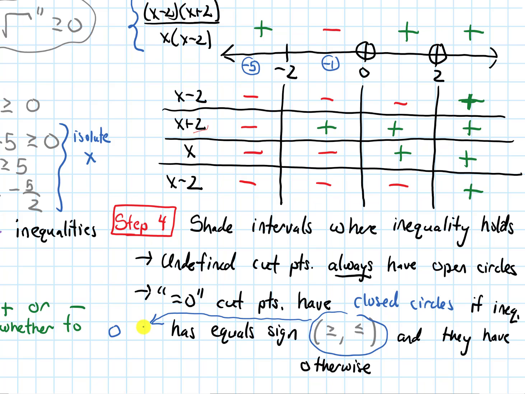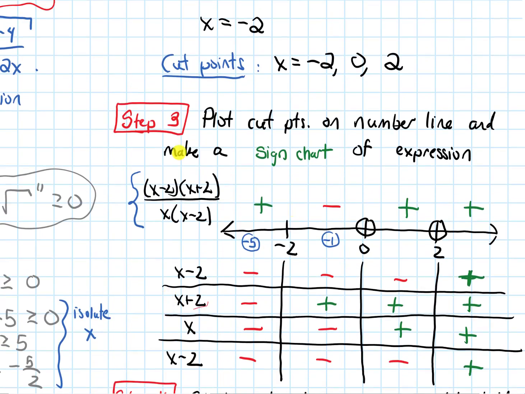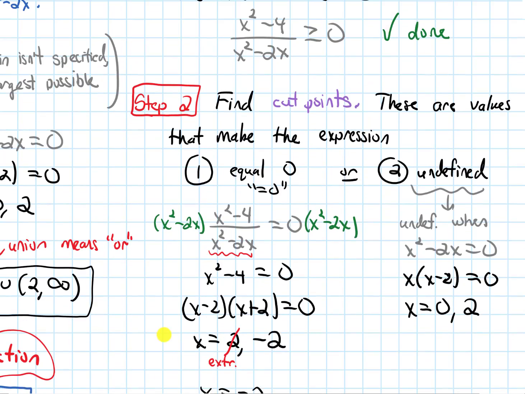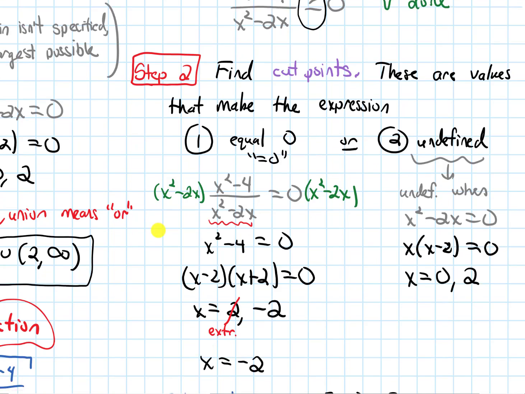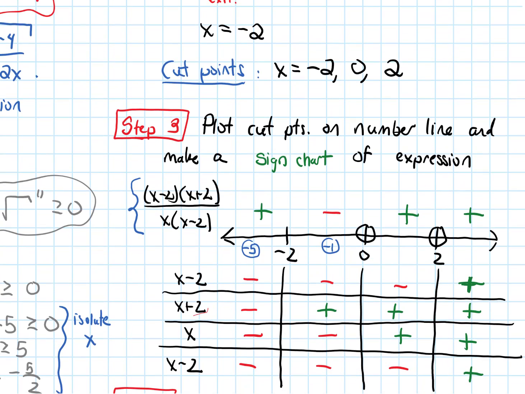And the other side of the inequality was 0 because we moved everything over to make it 0. And then if I have a symbol like this, like a greater than or equal to, this is going to be true because we have that equal sign there. And that's going to happen with our inequality because our inequality had this equal sign. All right, so I'm going to put a closed circle there.